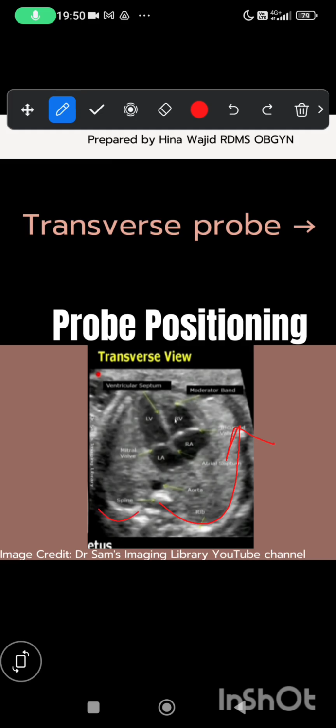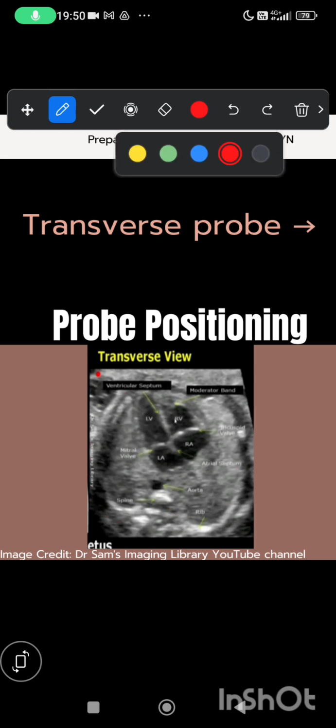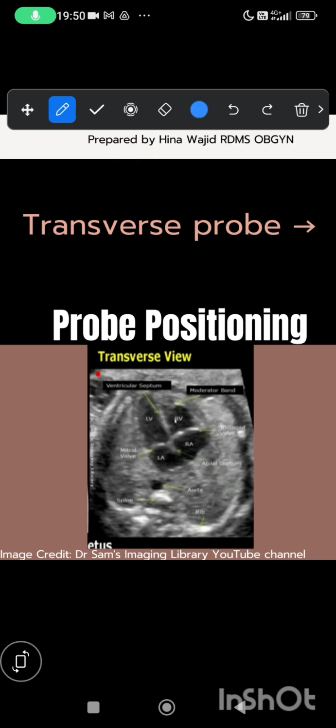But we can see clockwise. It means now there is something wrong. So if only the heart is at the wrong location, if only the heart is toward the opposite side, then it is dextrocardia. If only the heart position is changed.